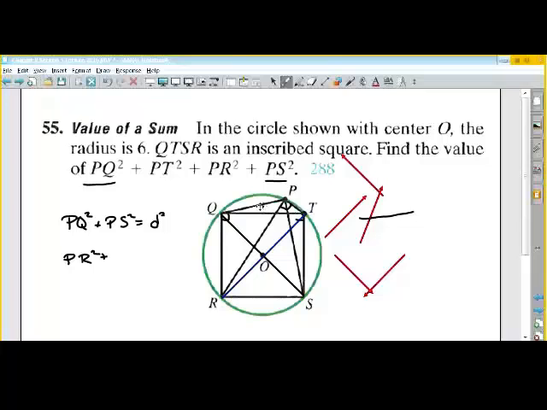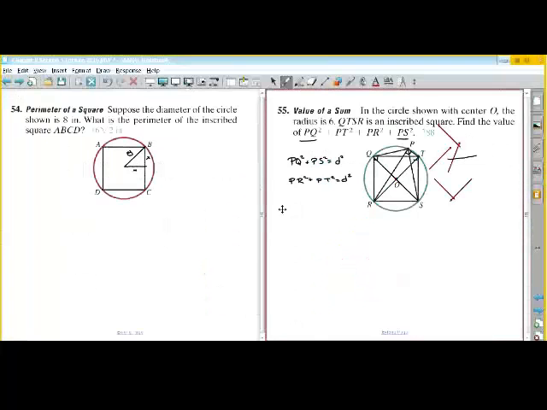So what I find from there is that PR squared plus PT squared, those are the two sides of the right triangle, is equal to the hypotenuse squared, but the hypotenuse is the diameter. So now it's starting to come to me: if I add both of these, I get PQ squared plus PS squared plus PT squared plus PR squared, all the stuff on the left-hand side, is equal to D squared plus D squared.